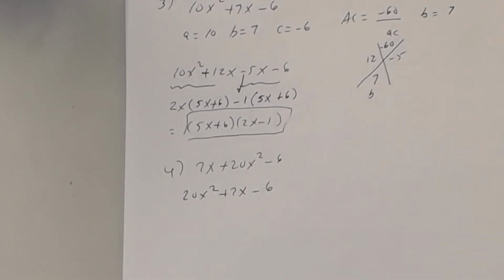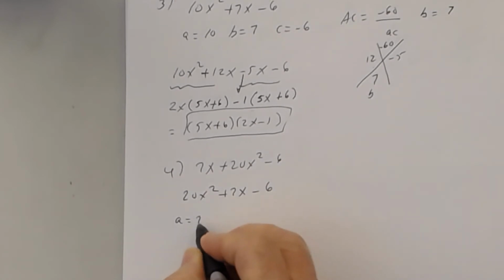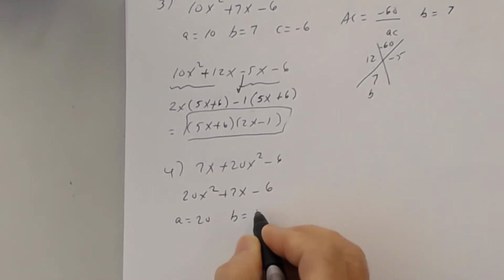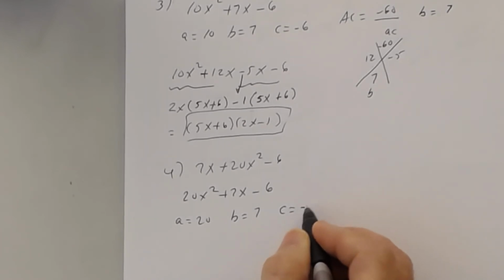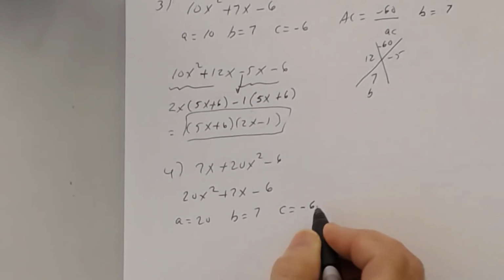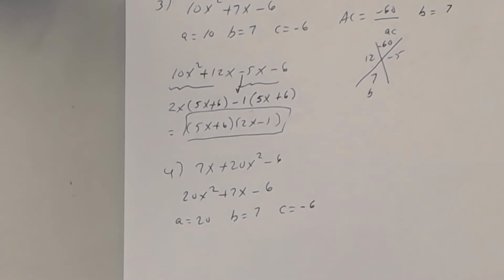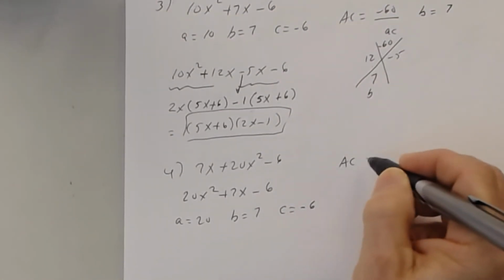All right. What is A in this case? 20. What is B in this case? 7. What is C in this case? Negative 6. You have to be careful. You have to keep the signs. So what is AC?